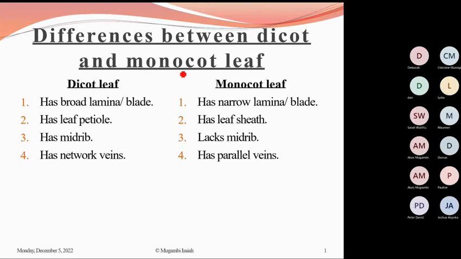One is that the dicot leaf will have a broad lamina or a blade, while the monocot will have a narrow lamina or blade. And then the other one is that the dicot has a leaf petiole, as Sarah has told us, and the monocot has a leaf sheath.